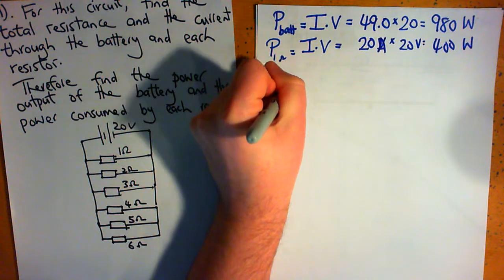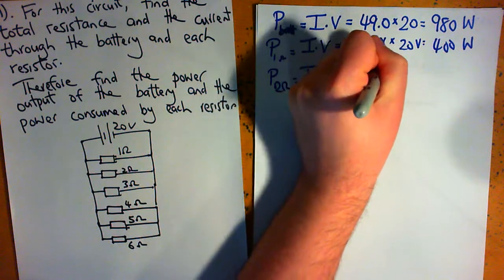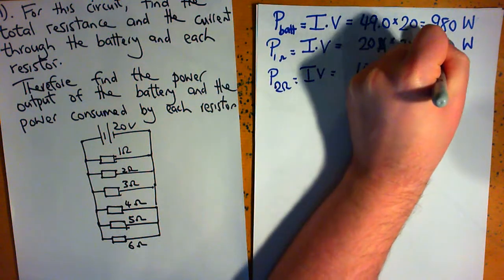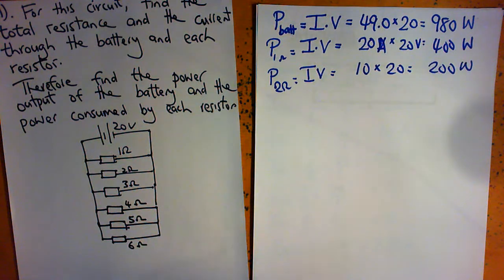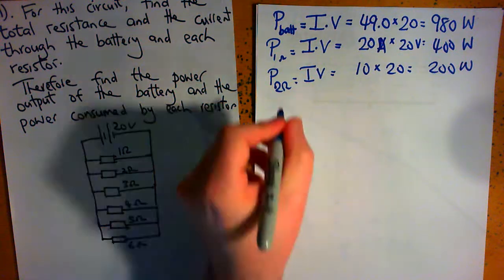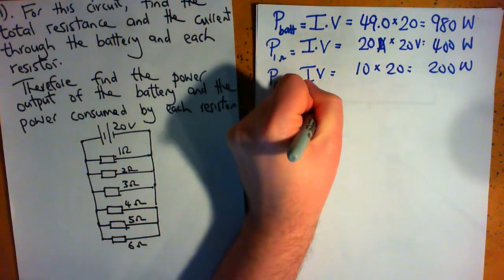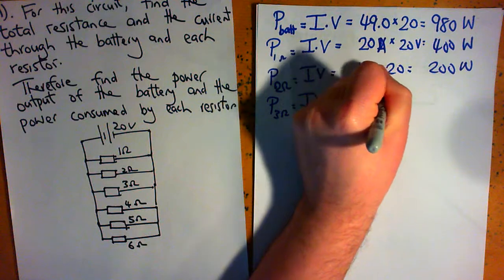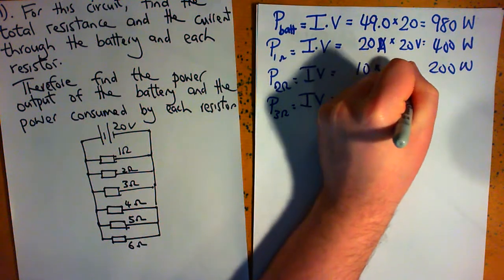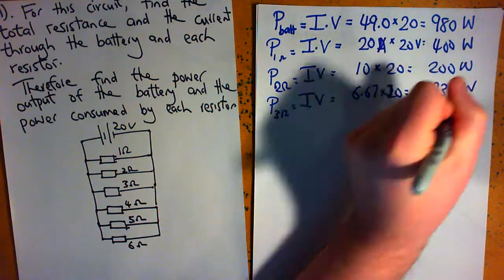For the 2 ohm resistor, we found before that the current was 10, so 10 times 20 gives us 200 watts. Bear in mind that the voltages are all going to be 20 here because there are 20 volts across each resistor. Power of the 3 ohm resistor is IV, which is 6.67 times 20, which is 133.3 watts.